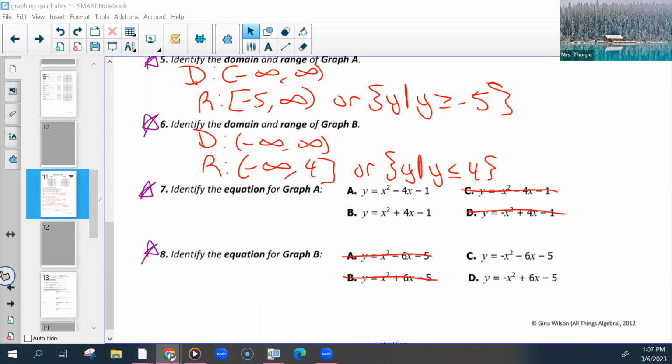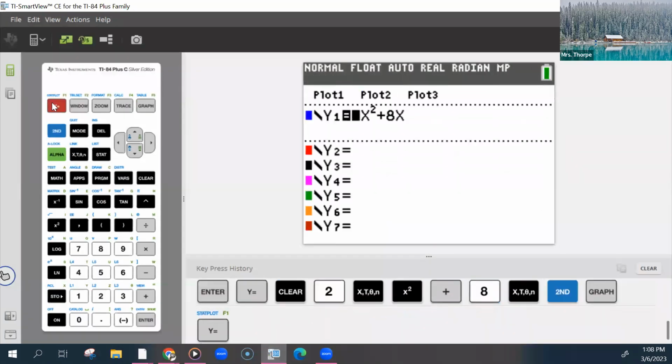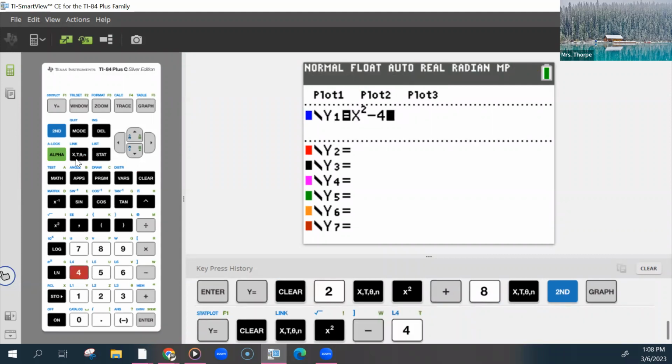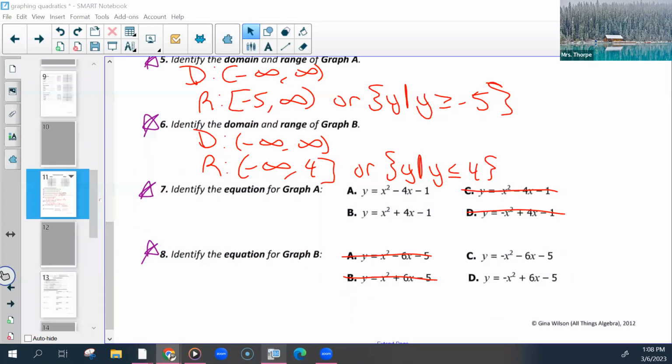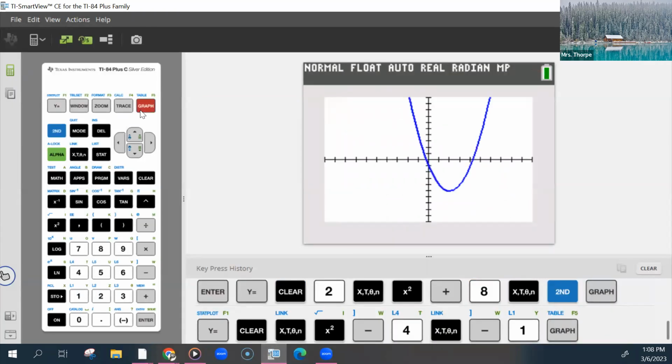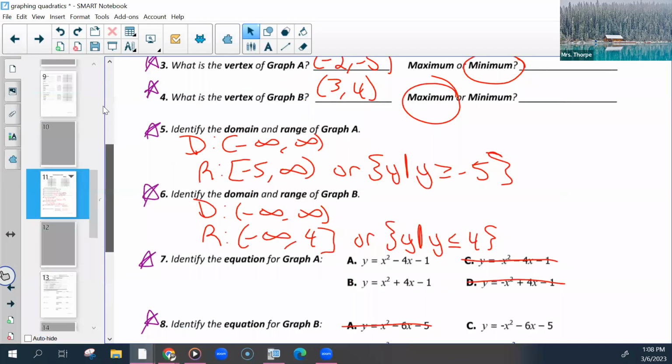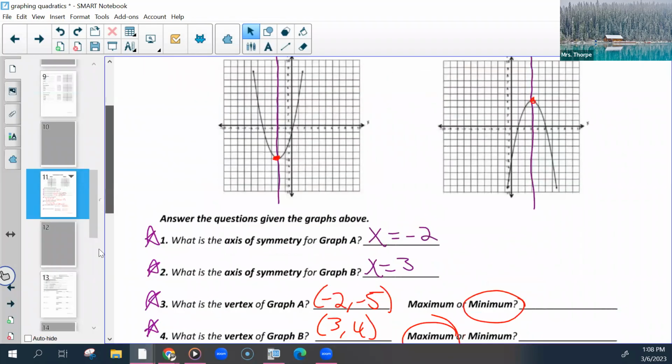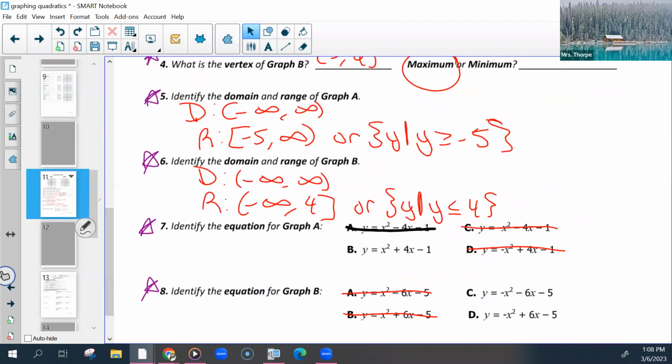So if I were to graph this first one, x squared minus 4x minus 1, and I compare this graph to the one that's given, mine was graphed to the right. This one is graphed to the left, so it can't be that one. It has to be the other.